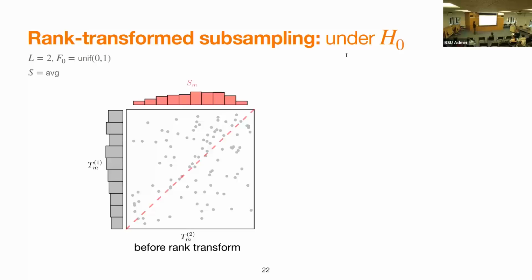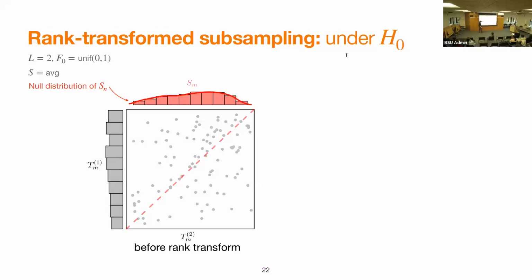And the aggregation function is chosen to be the average. So that is basically to project the points onto this diagonal line. I collect the projection. That is the histogram of my aggregated statistic. And here in solid curve is the null distribution of the aggregated statistic. And you see the subsampling is matching this up pretty well.